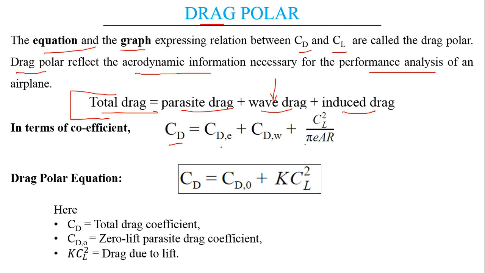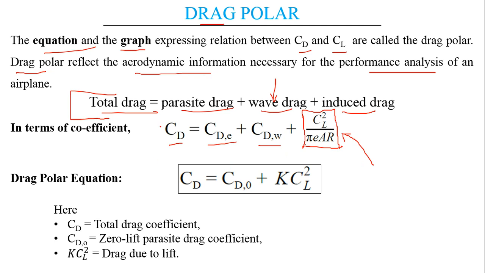The coefficient of parasite drag is termed CD,e, the coefficient of wave drag is CD,w, and the formula for induced drag is substituted, that is CL square by pi e AR. This formula is basically discussed in general in the first portion of the syllabus, and it is derived from the theory of incompressible flow. We'll be seeing it in aerodynamics, hopefully.